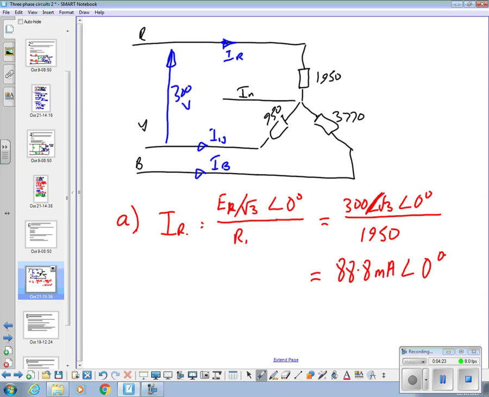That hasn't changed because that's the same load as we had before, so it stays the same.